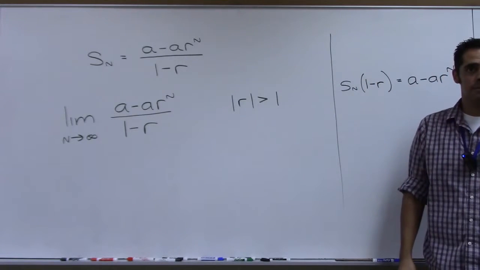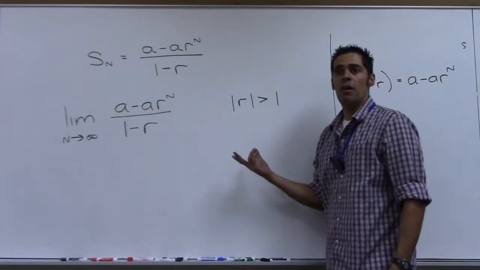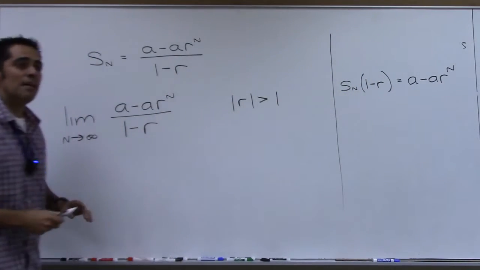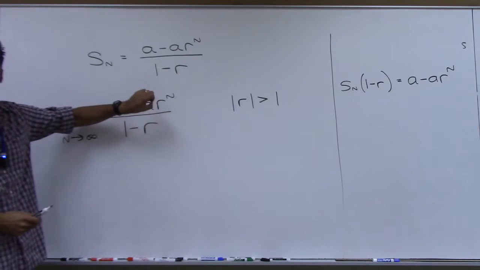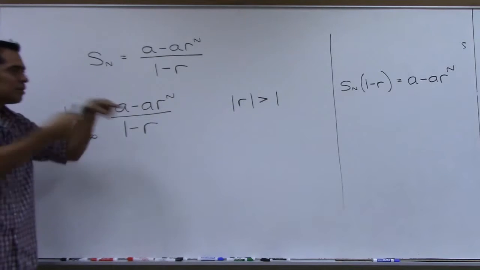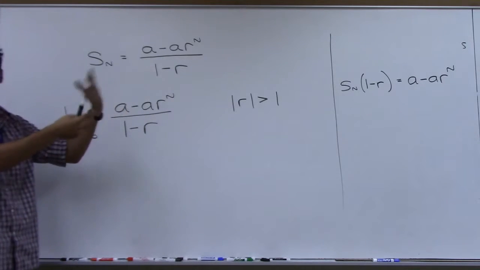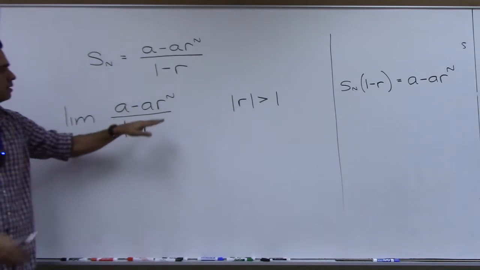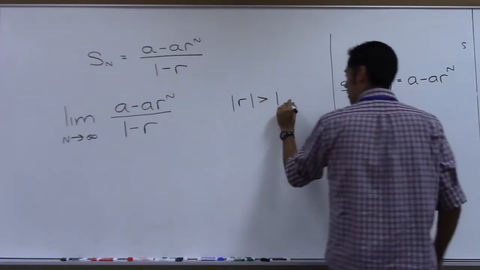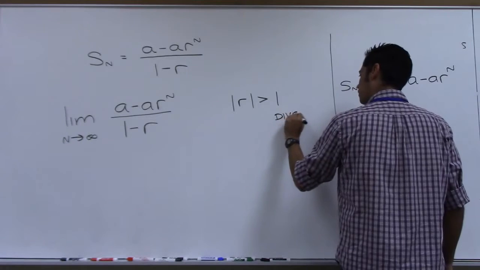If I let r be negative 1 or negative 2, then this thing is still going to diverge because it's going to get huge and keep switching between negative and positive numbers. It's not going to go somewhere. That again is back to 8.1. So this is a problem. If the absolute value of r is bigger than 1, it's going to diverge.